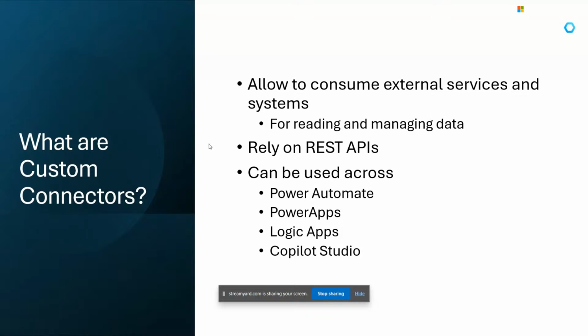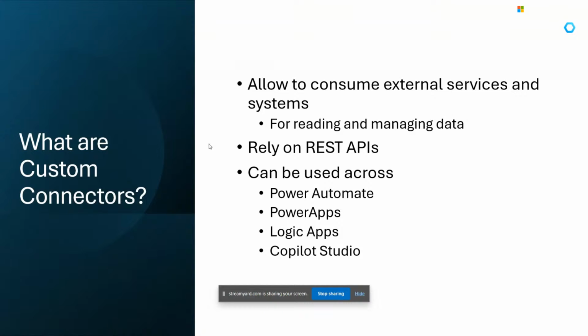The beauty of the custom connector is that once you build it, you can consume it across Power Automate to automate your day-to-day activities, or use it in Power Apps to update your system data. Maybe you want to update a couple of rows, or access and see rows with specific business logic.